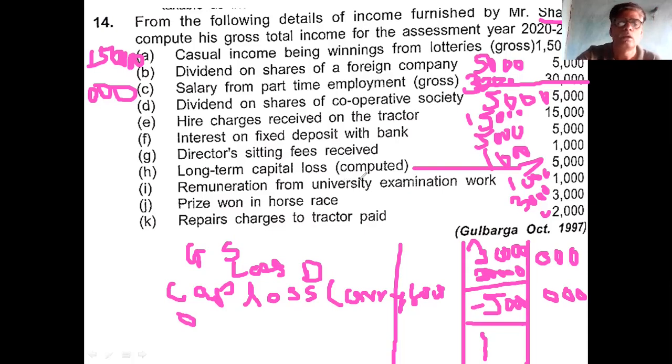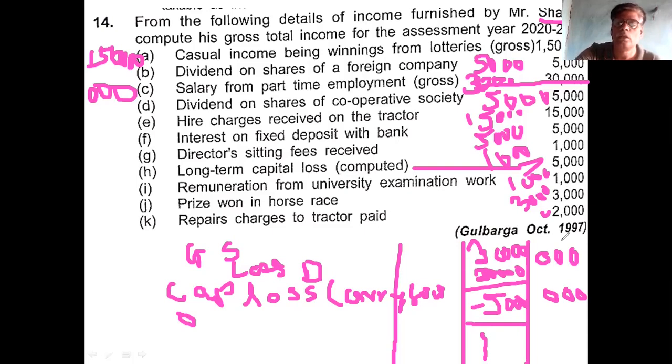Long-term capital remuneration received 1,000 remuneration. Winning from horse game 3,000. Total other sources 1,85,000.